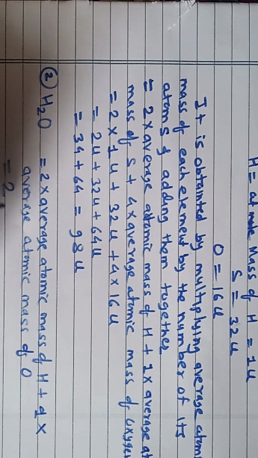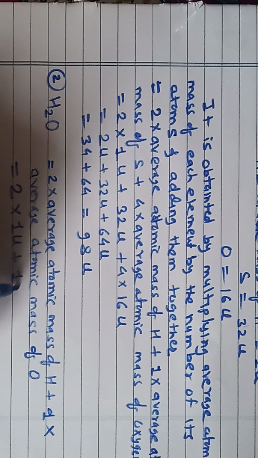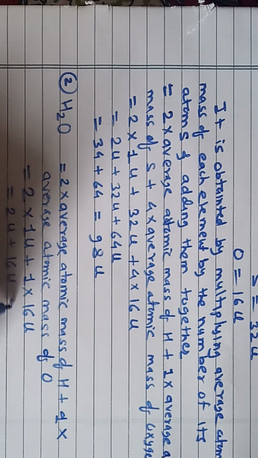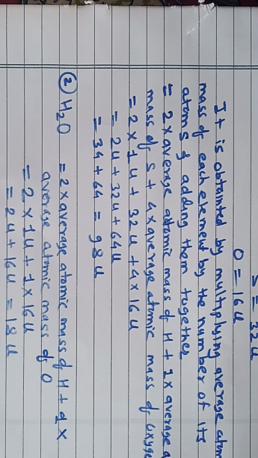So 2 into average atomic mass of hydrogen is 1 U plus 1 into average atomic mass of oxygen is 16 U. So 2 U plus 16 U, that is 18 U is the molecular mass of water.